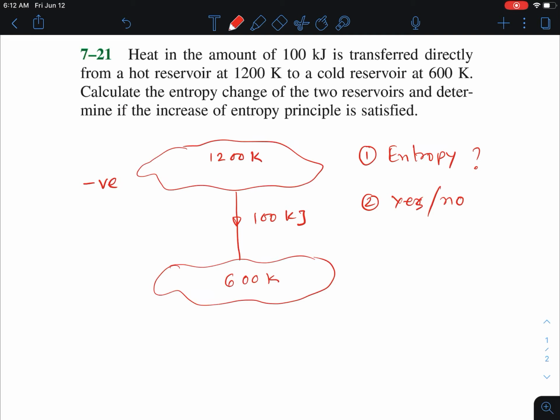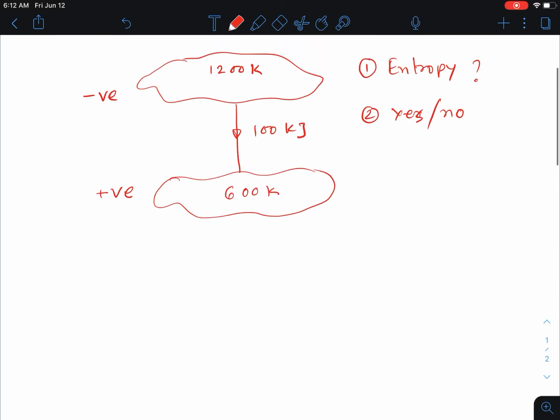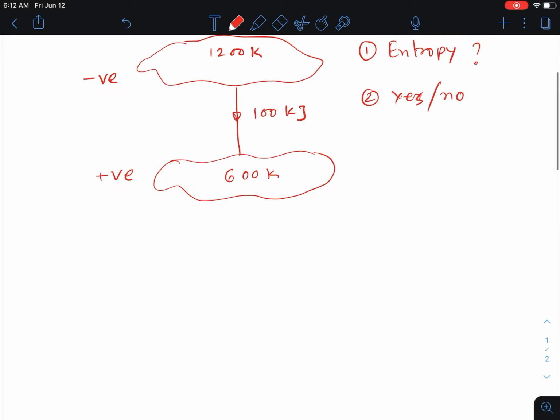For the sink, it will be a positive quantity. Now we know the entropy formula. For thermal reservoir 1, let's consider this one as state 1, the source. Source entropy is nothing but Q over T.